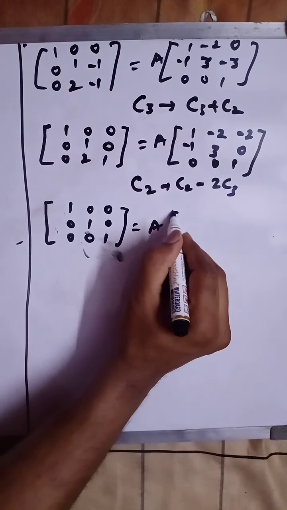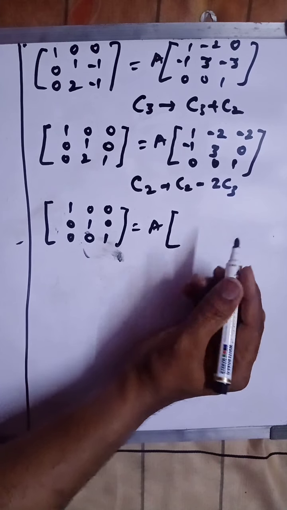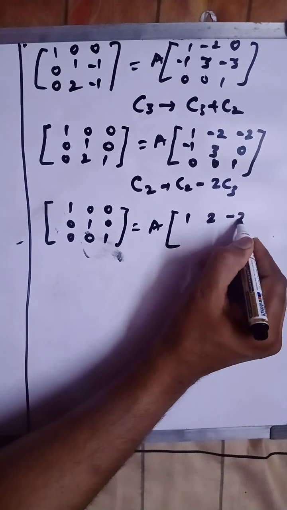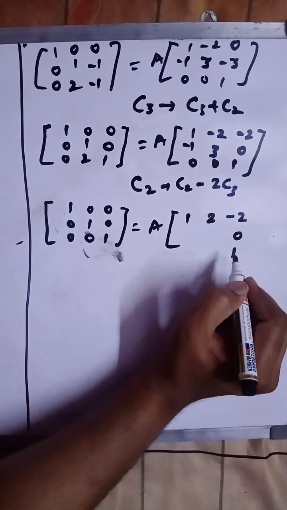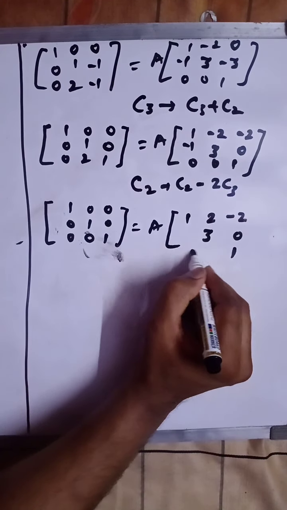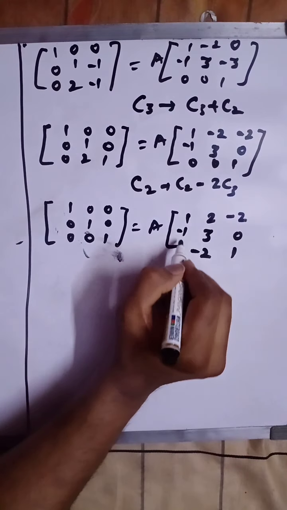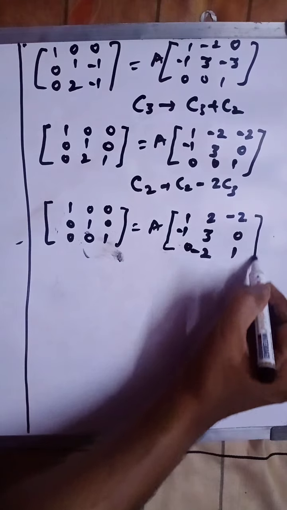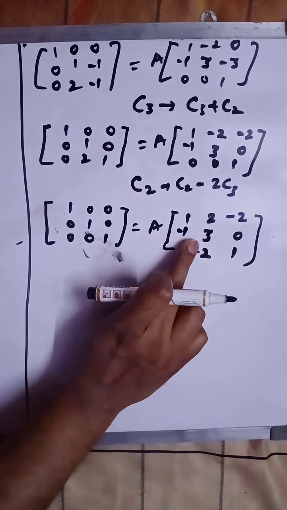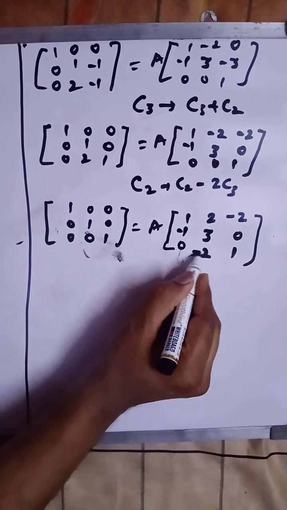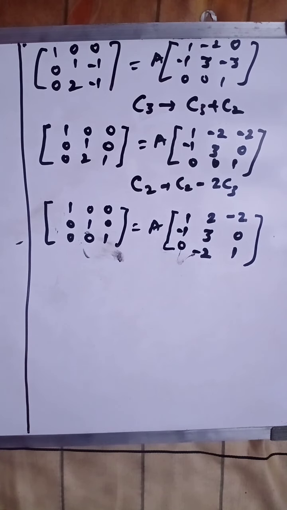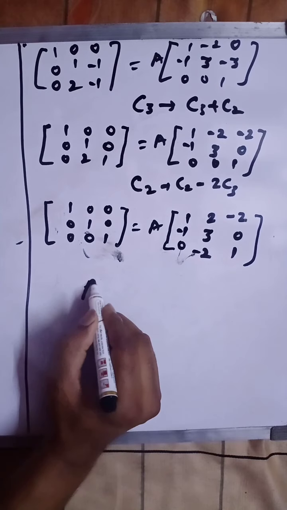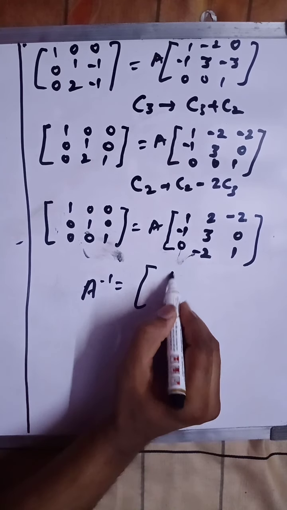And here you will get C2 minus this: 1, 2, minus 2, 0, 1, 3, minus 2, minus 1 and 0. So this is your A inverse.